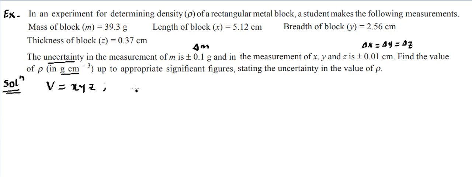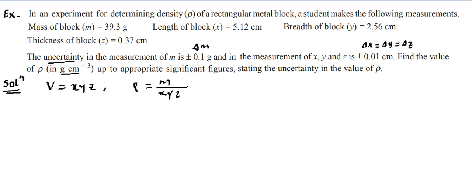Once we know the volume, can we write the density? Density is going to be mass divided by volume. So volume is x, y and z. Now this is again a product or multiplication formula, or a division formula. So first we need to put the values of m, x, y and z in order to find out what the value of density is.